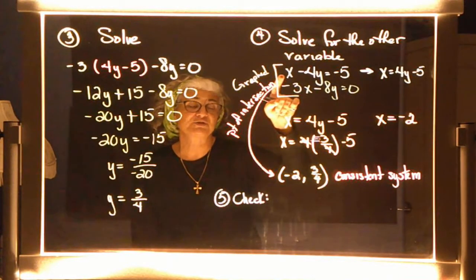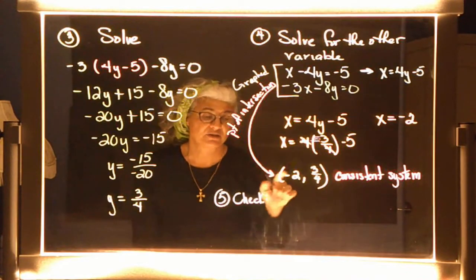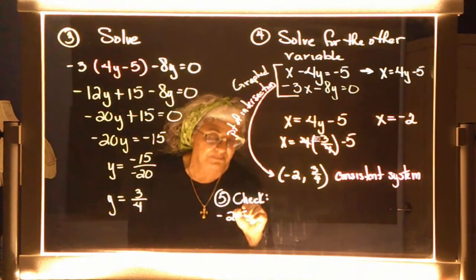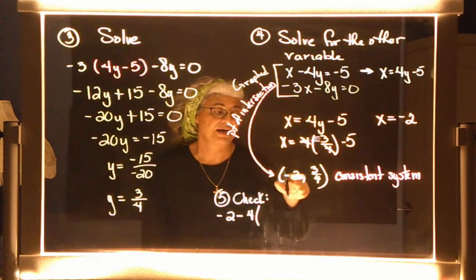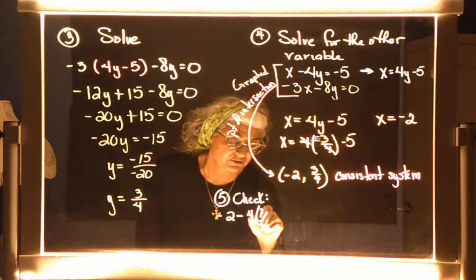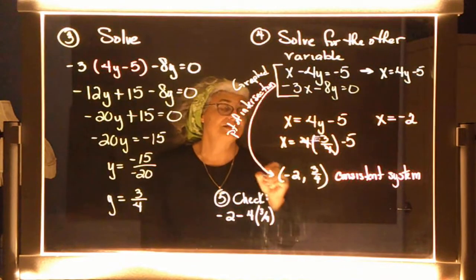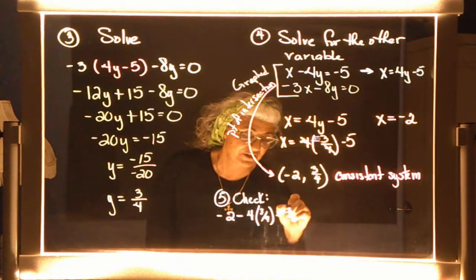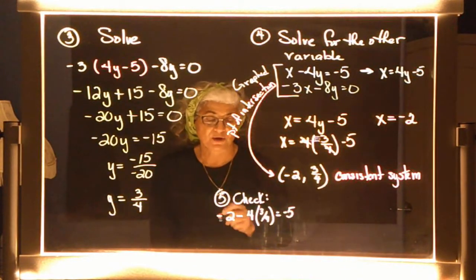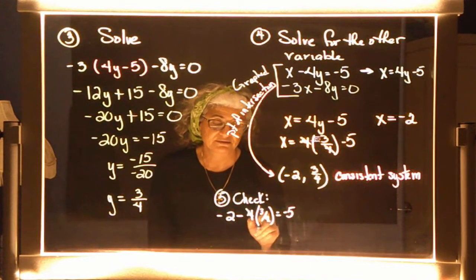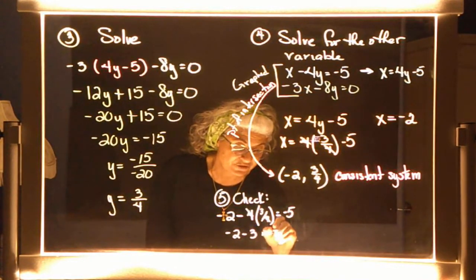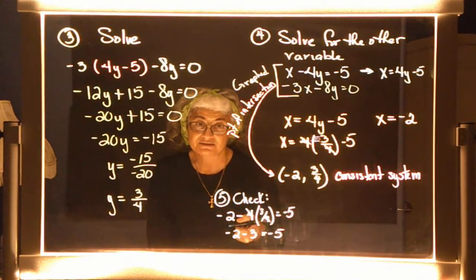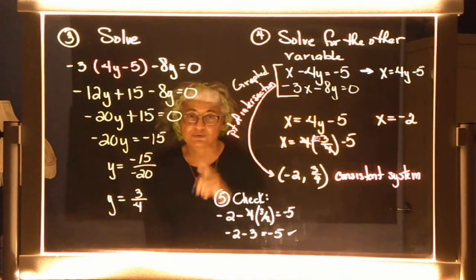So if I look at the first equation, I'm supposed to write x, which is negative 2, minus 4 times y, which is 3 over 4, right, equals negative 5. Well, the 4's drop, don't they? So I end up with negative 2 minus 3 equals negative 5. Does that check? Check. That one works.